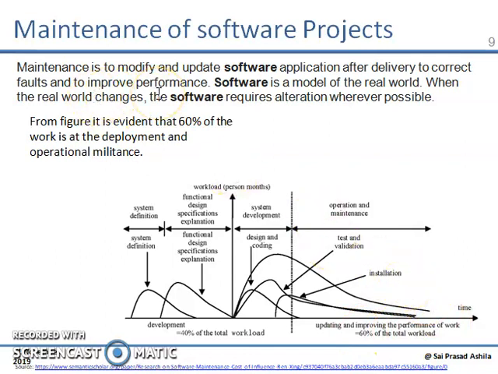Maintenance is to modify and update the software applications after delivery to correct faults and improve bugs. The software is a model of the real world. When the real world changes, the software requires alterations whenever possible. From the figure, we can see that 60% of the work is at the deployment and operational level.